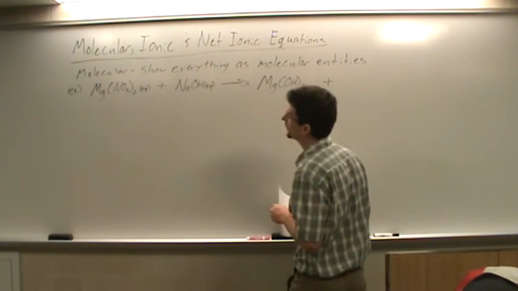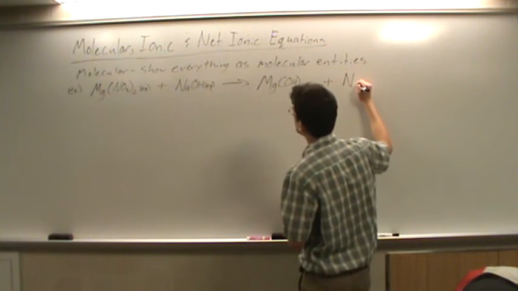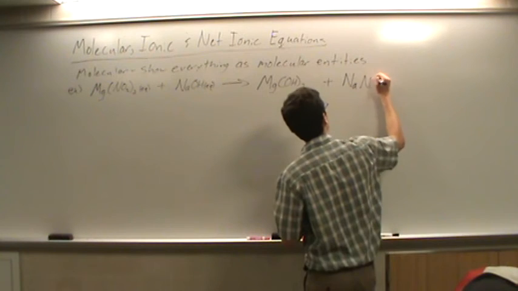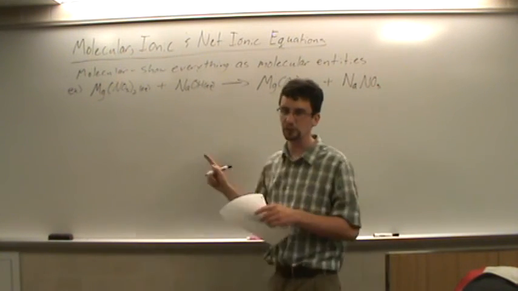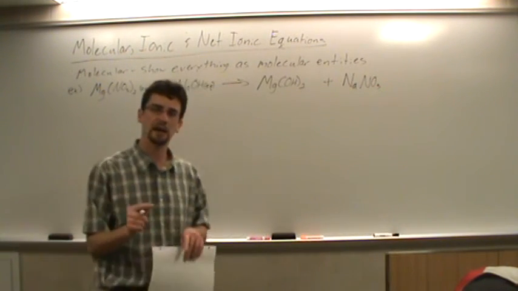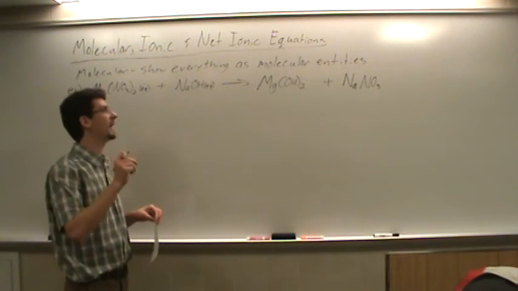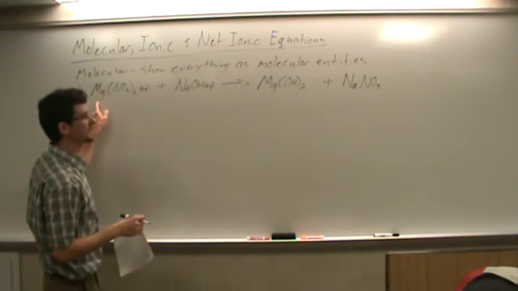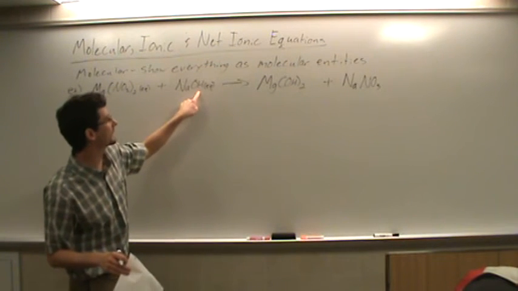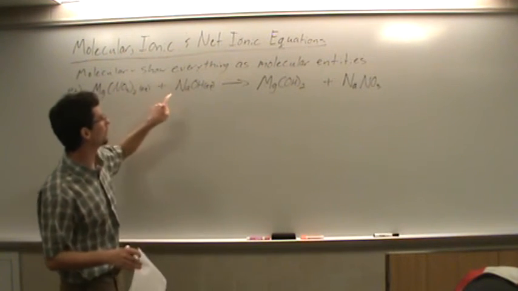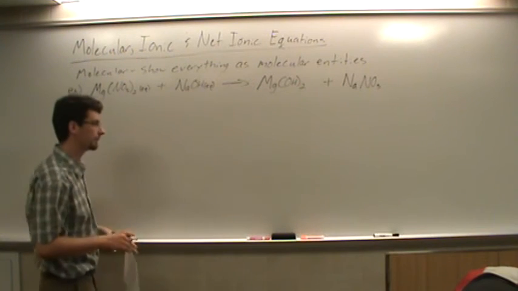And then we're also going to get sodium nitrate, NaNO3, because the two just swap partners. The anions switch places, or the partners with the cations. So magnesium will go to the hydroxide anion, nitrate will go to the sodium cation.